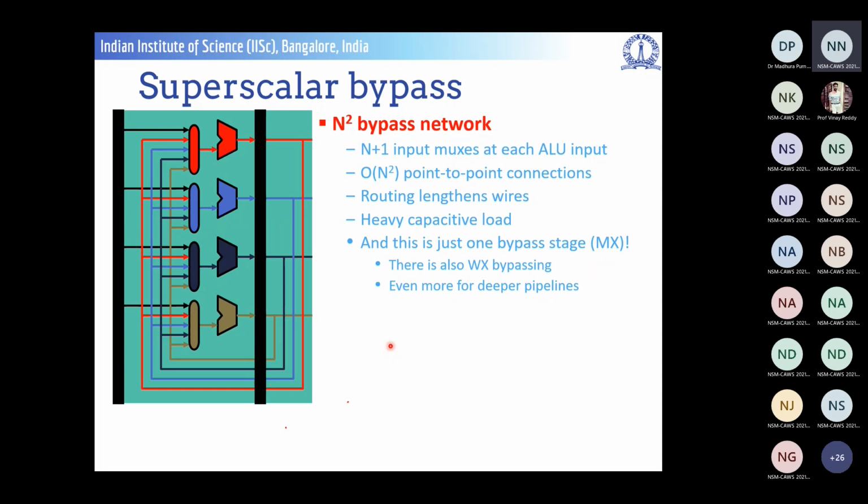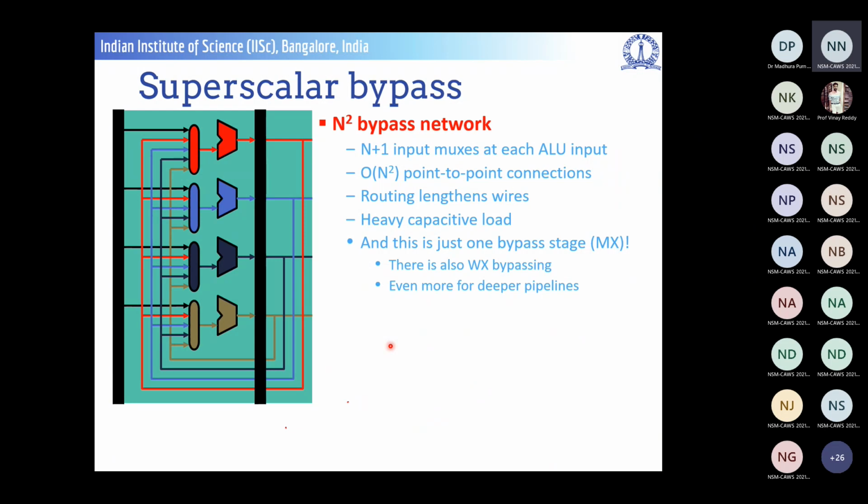This is where the bypass optimization comes in, where it has to take a decision whether it should read the register value out of the register file or from the previous instruction. In a scalar pipeline, the stage that can feed your instruction is the previous instruction.